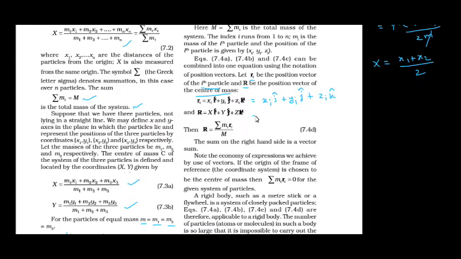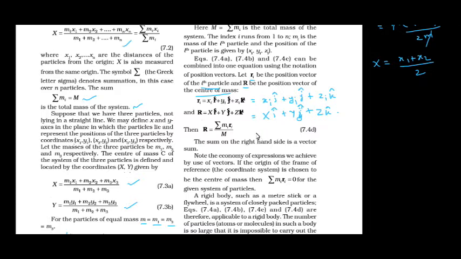Similarly, position vector R can be written as capital X i unit vector, capital Y j unit vector, and capital Z k unit vector.